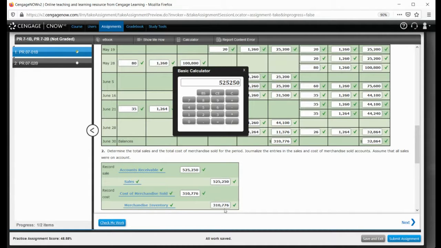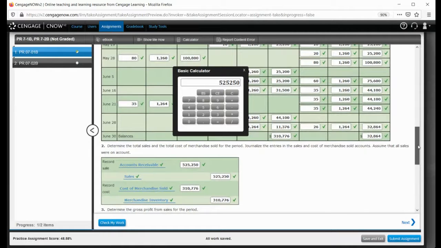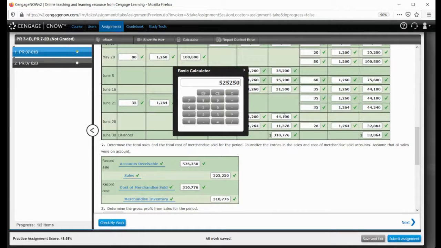The merchandise inventory went down because we sold our merchandise inventory, which is reducing the asset account. That's why it's credited, and it too is for the amount of the cost of merchandise sold. Do I have any questions about what I did there?